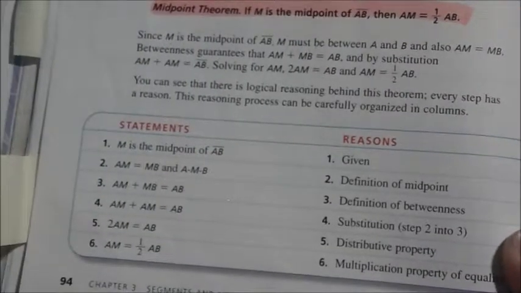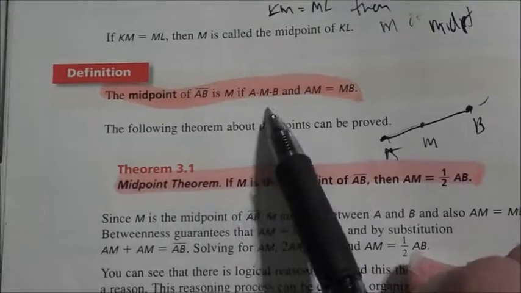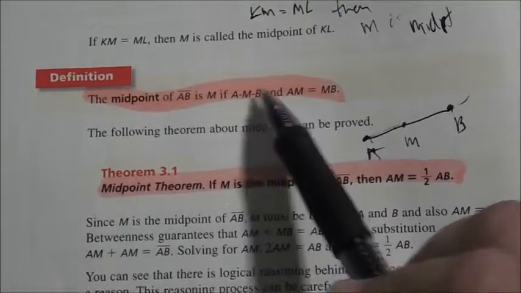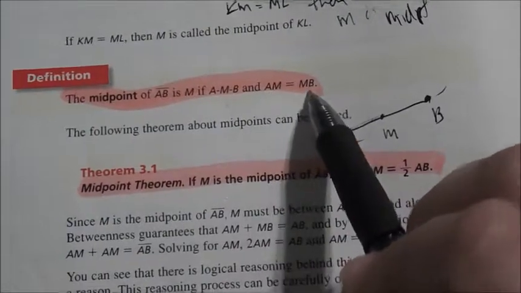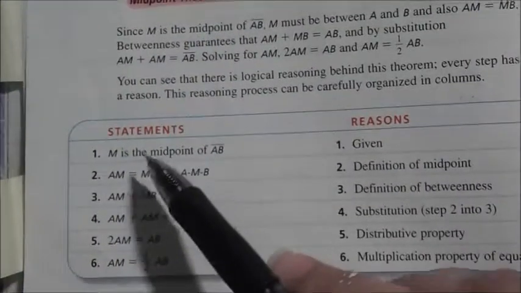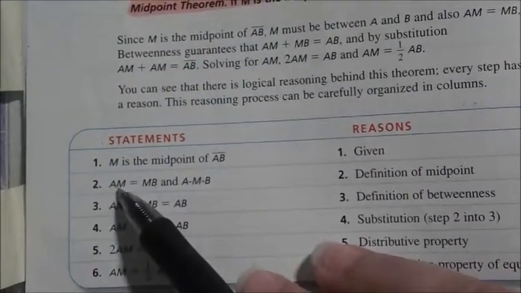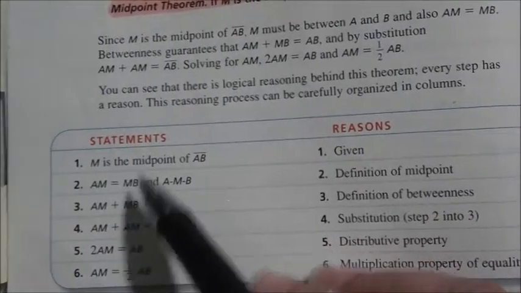I guess that is the one we're using. Okay, it's right here. If you know something's the midpoint, M is the midpoint of AB, then you know that AM is equal to MB. So down here, when they said M is the midpoint, you're able to say that AM is equal to MB.